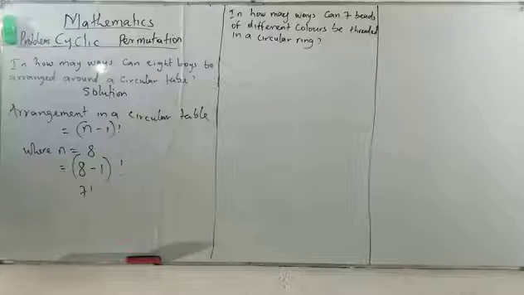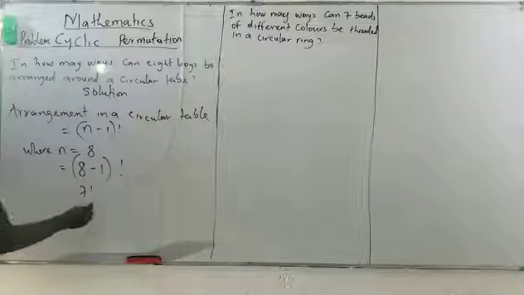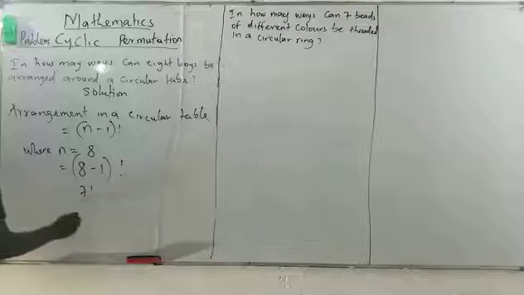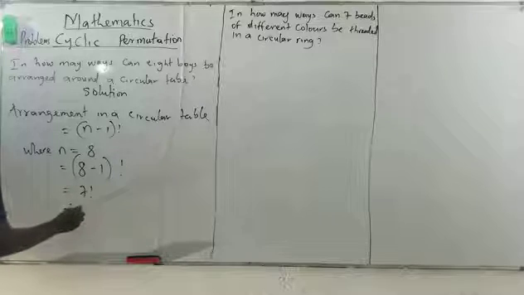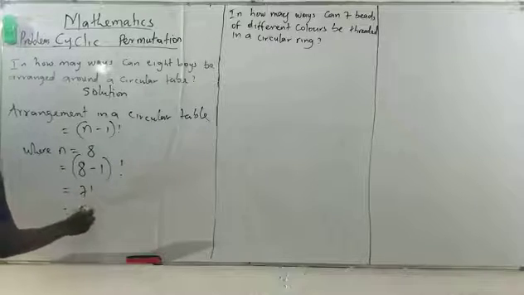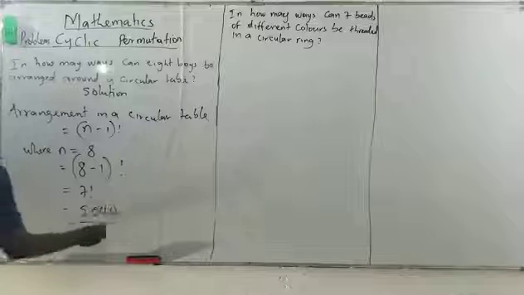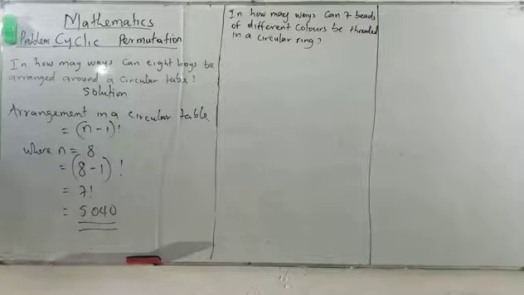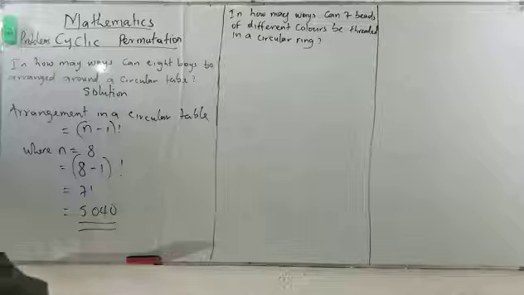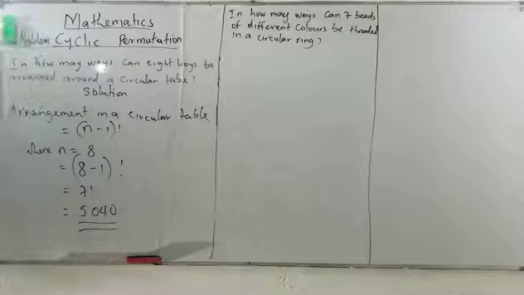Now, 7 factorial will be equal to 5040. That is just it. 5040. That is what we are talking about here.